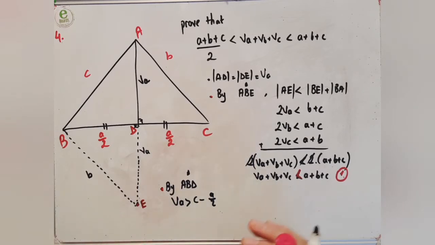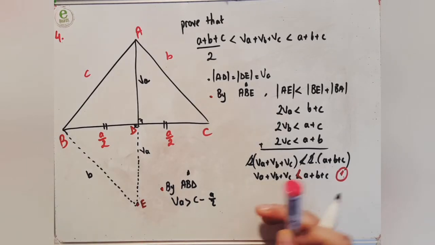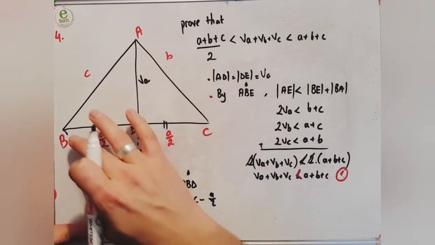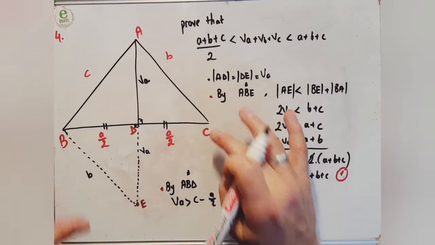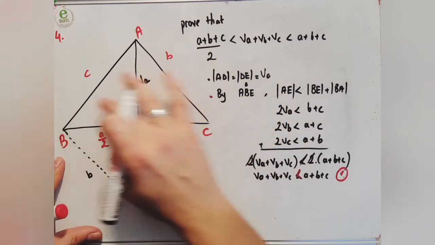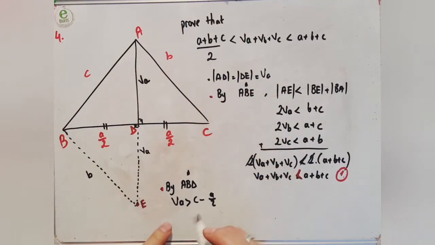Of course, to do it, we have to apply the triangle inequality theorem. If I extend the line from B to side AC and from C to side AB, we will have median B and median C.